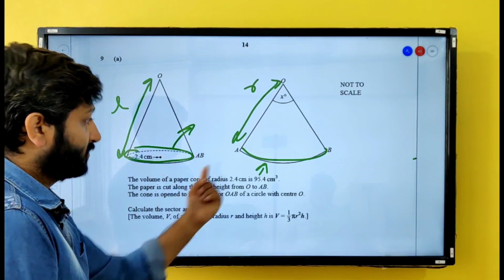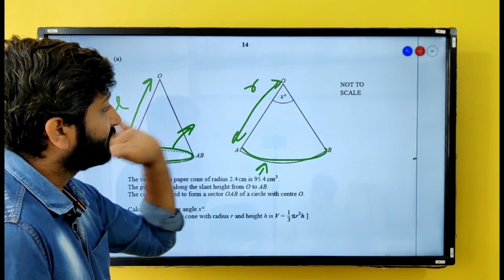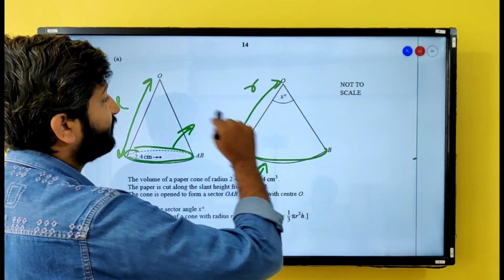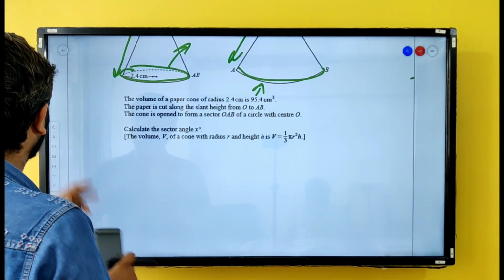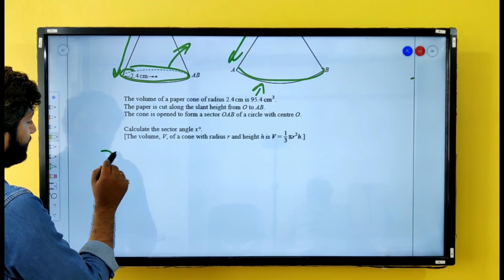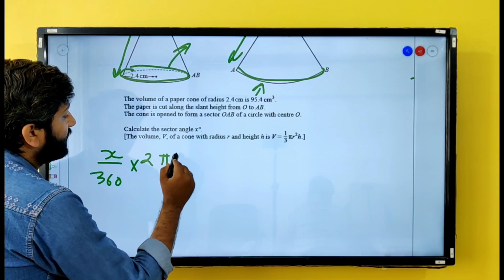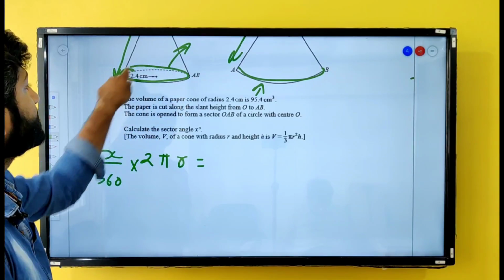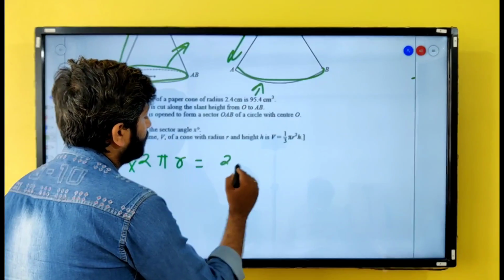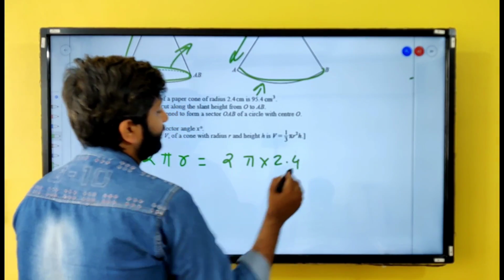Circumference of cone becomes arc length for this sector. If we are supposed to find theta, which means the angle, then we know the formula is theta upon 360 into 2 pi into radius should be equal to this circumference, which is 2 into pi times 2.4.